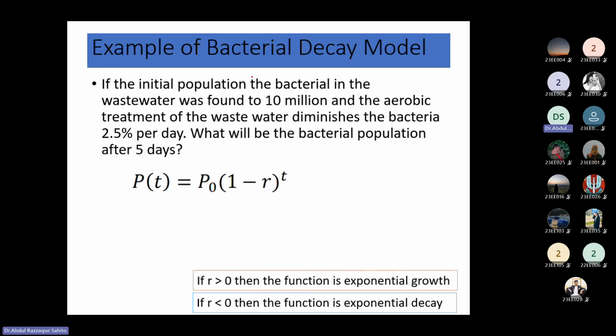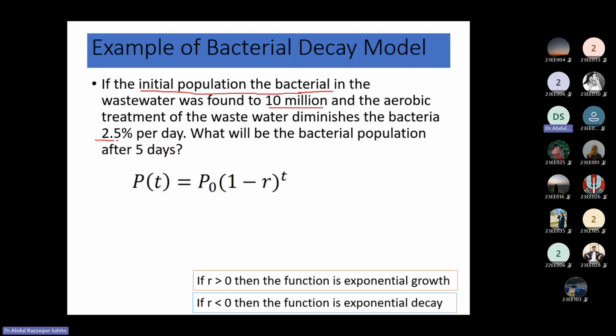Now let's talk about an exponential decay problem, one of the numericals. This time we consider bacteria, not humans. The initial population of bacteria in a wastewater was found to be 10 million, so P naught is 10 million. Aerobic treatment was given to the wastewater to diminish the bacteria, to kill and reduce them. We supplied oxygen or air.